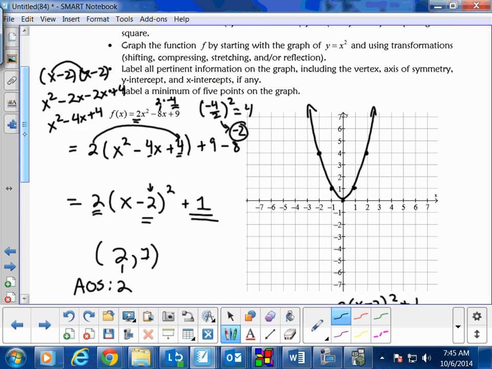Now, let's go ahead and graph this. So first of all, 2, 1 will be our new vertex, and it's going to be stretched vertically, which means that instead of originally this point being here, it's really here now. That's what happens with that 2 value. It stretches everything vertically.